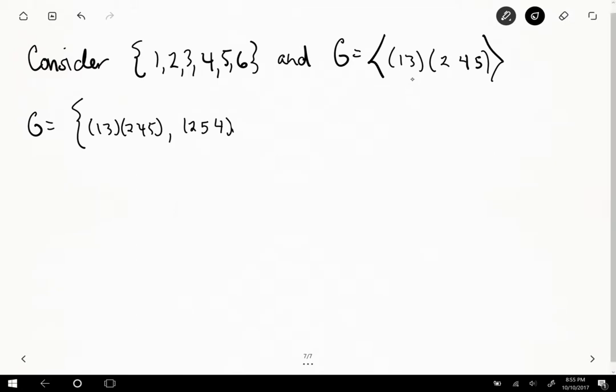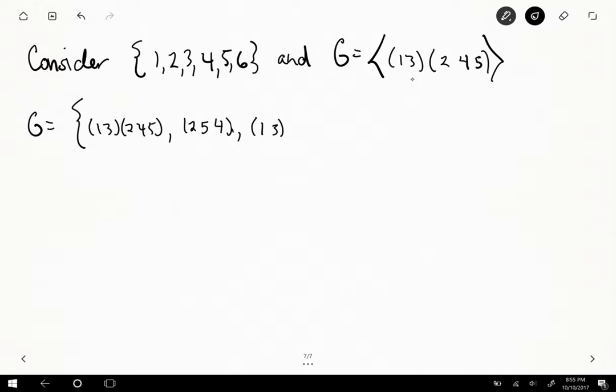So now, to basically do this composition 3 times, we're composing these two elements right here. So let's start with 1. Notice 1 goes to itself in this element, but then 1 goes to 3. So that means 1 goes to 3.